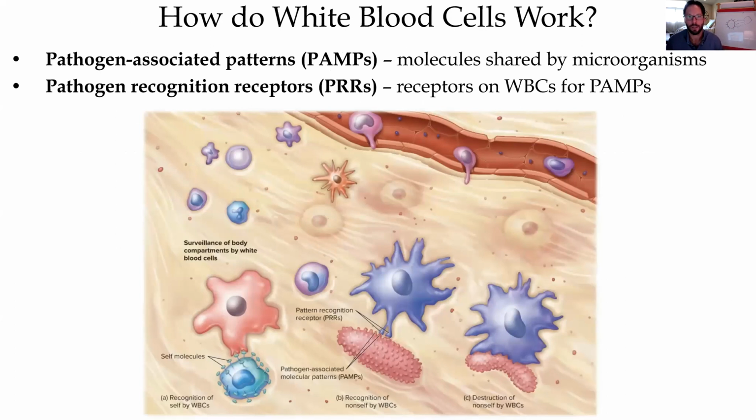PAMPs and PRRs. These are kind of along the lines of the complement that I mentioned, right? In the second line of defense. PAMPs are pathogen-associated patterns, molecules shared by microorganisms that trigger an immune response. Pathogen recognition receptors are receptors on white blood cells that recognize the PAMPs, okay? So let's say this isn't a cancerous mutated cell. Let's say this is a bacterial cell, okay? It's going to have a receptor on it here.